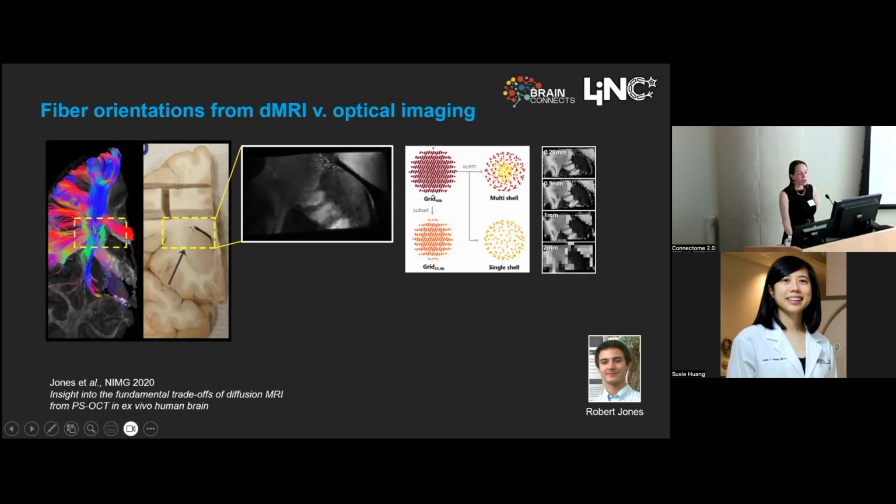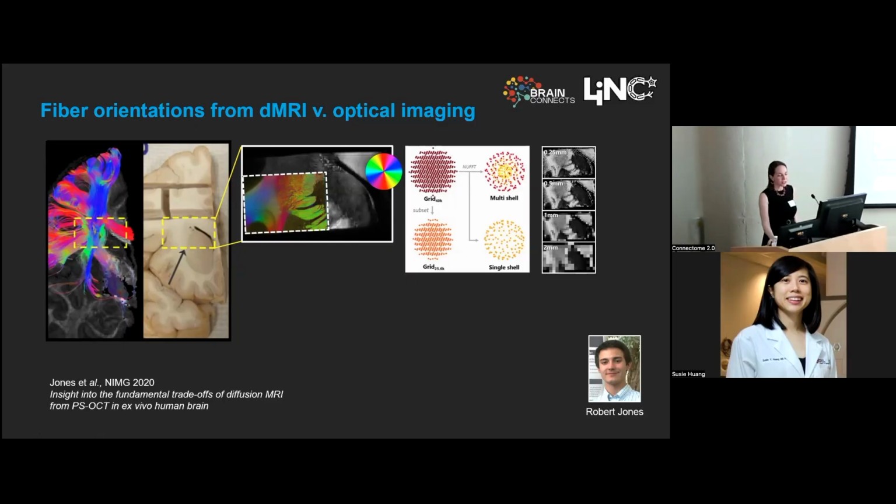And then we downsampled the data from their original 250 micron all the way down to 2 millimeter resolution to see which aspect, the diffusion acquisition scheme, the orientation reconstruction method, or the spatial resolution, has the greatest impact on the accuracy of the diffusion orientations when compared to a technique called polarization-sensitive optical coherence tomography that gives us measurements of axonal orientations at the microscopic scale.